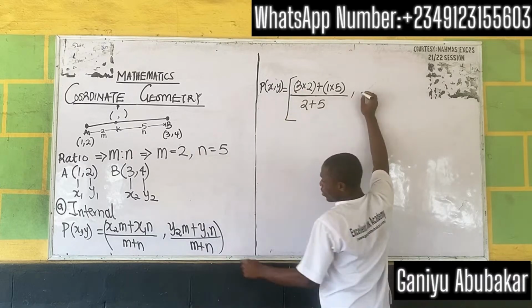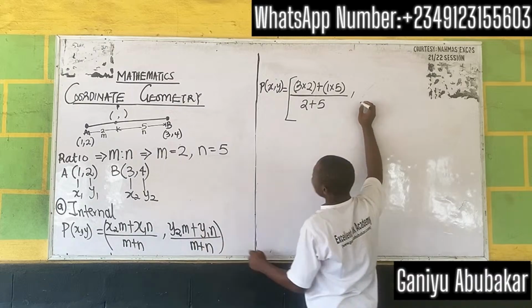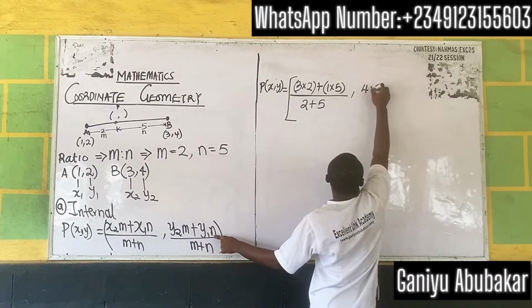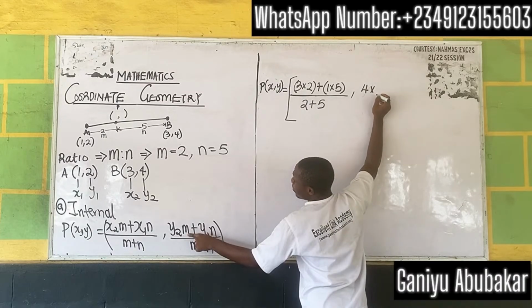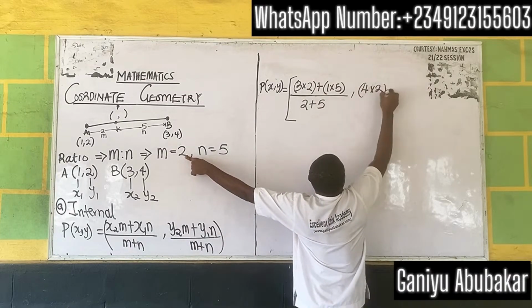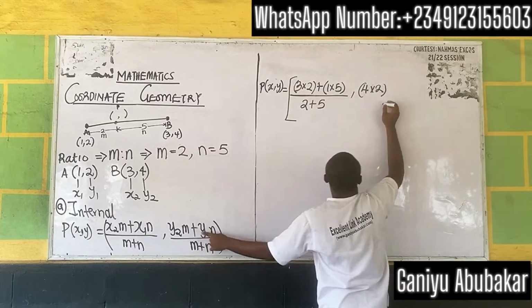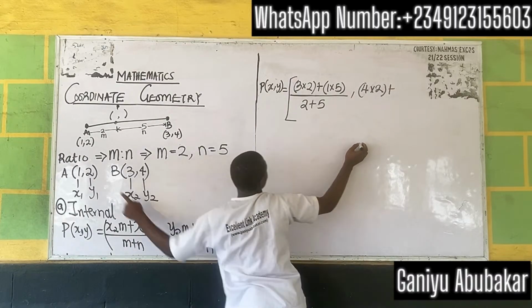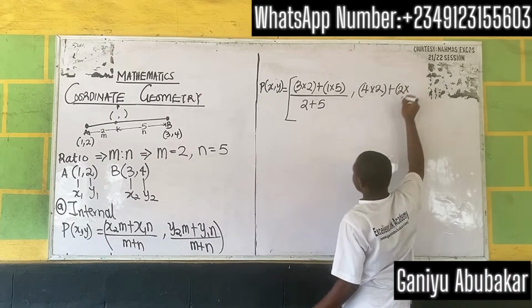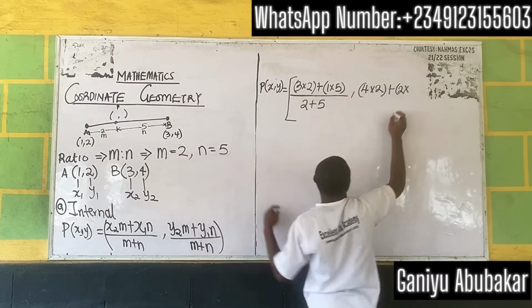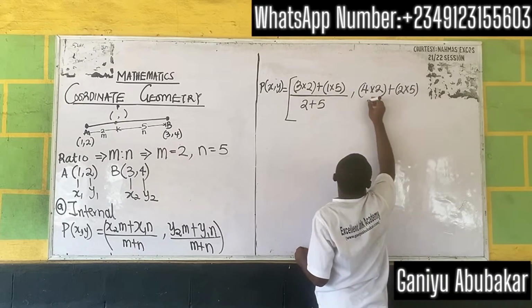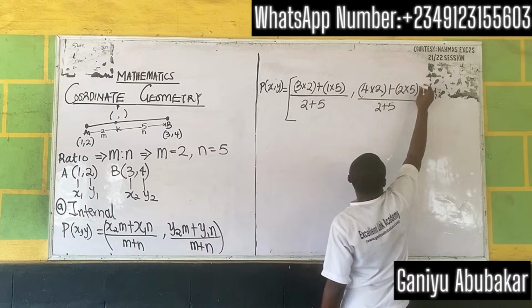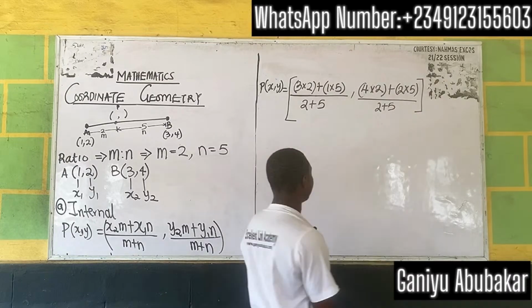Then comma, y2m. y2 is of course 4, times m, which is 2. Then plus y1n. y1 is 2 times n, which is 5, all over m plus n, that's 2 plus 5.